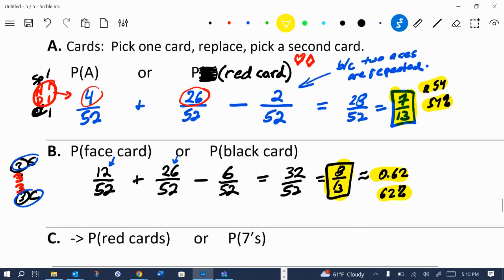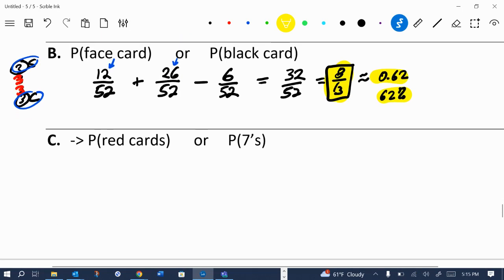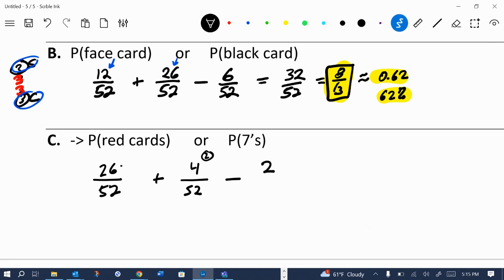Okay, now, still almost the same thing, but another quick practice of it: if we pick a red card, which we know is half the deck, so it's 26 over 52, or sevens. Well, we know that there are 4 sevens, but 2 of those sevens are going to be red cards, so we're going to have to subtract 2 out of 52.